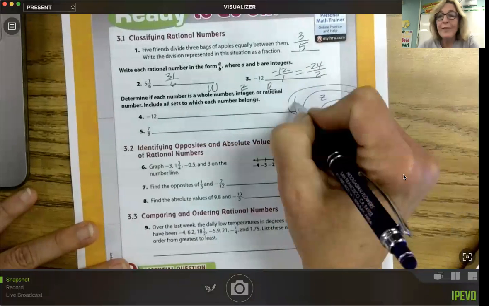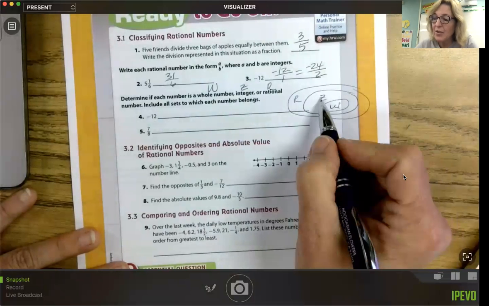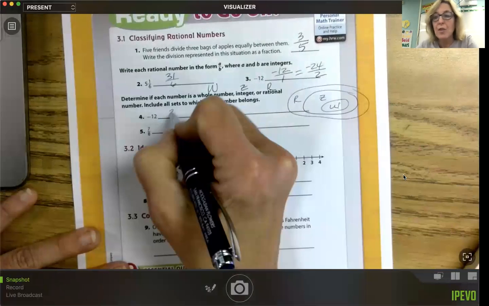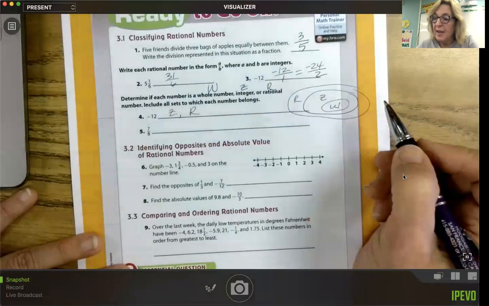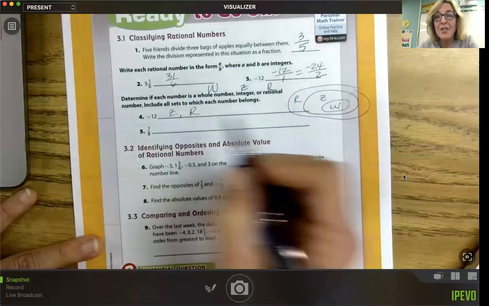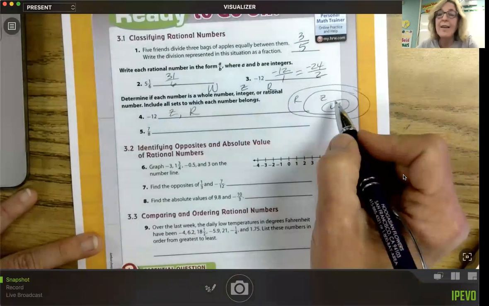Okay, -12 is not a whole number, but it is an integer. And because it's an integer, it's also a rational number because all integers sit inside that rational oval. 7/8 is a fraction, but it cannot be written as a whole number or an integer, so it's only a rational number.